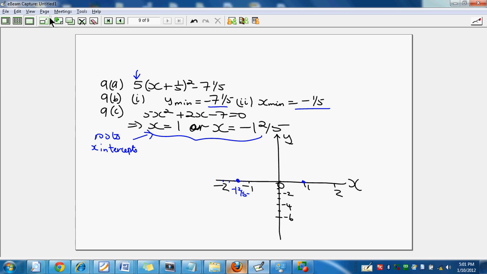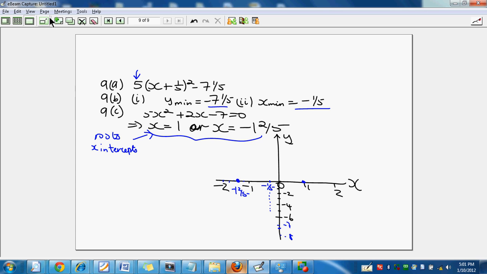So if we say minus 1/5 is somewhere around here, we know the minimum point is going to lie somewhere along x equal to minus 1/5, but also where y minimum is minus 7 and 1/5. Where's minus 7 and 1/5? This is minus 6, minus 7, let's say is here. Let's say here is minus 8. Minus 7 and 1/5 will be somewhere around here.